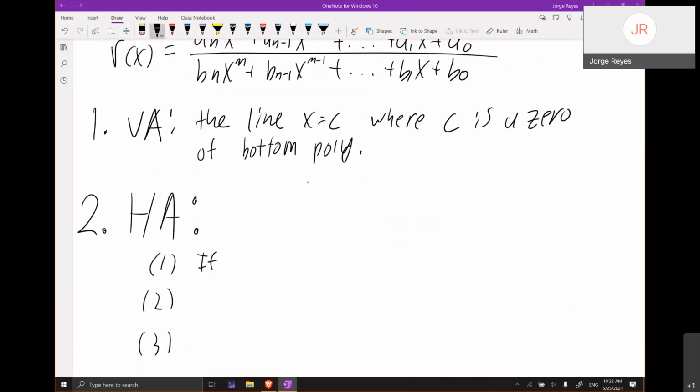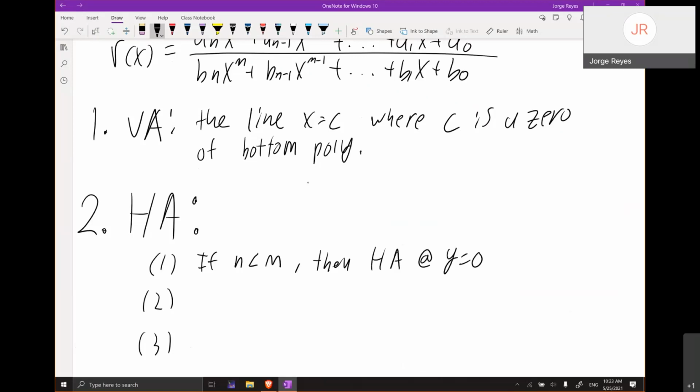If n is less than m, or the polynomial on the bottom has a bigger degree than the polynomial on top, so if the bottom has a bigger power than the top, then the horizontal asymptote is y equals 0.